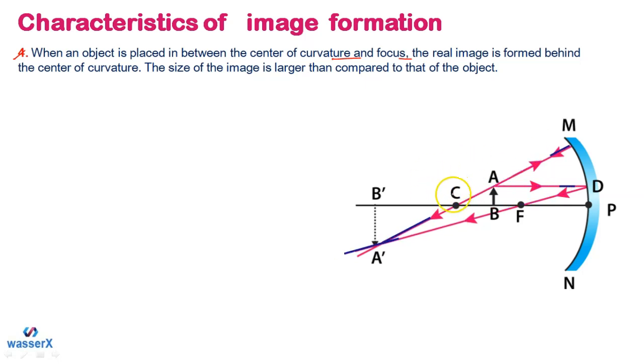Now we have taken the object AB at a point that is between C and F, the center of curvature and the focus. There are two rays, as you can see. One is going making some angle, which is aligned with the center of curvature.